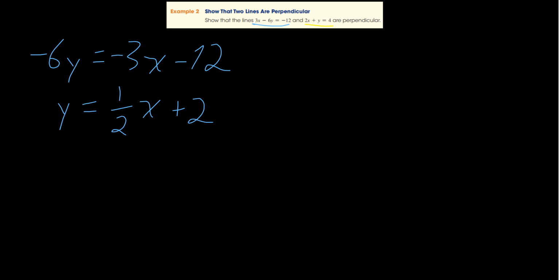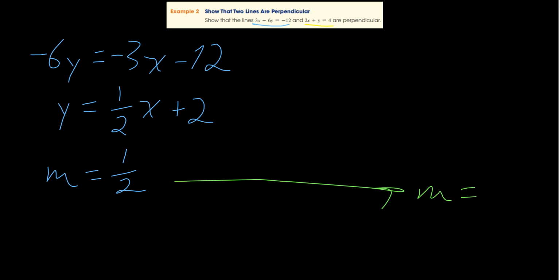And the slope here is 1/2. So right away, I'm going to say that what I'm looking for over here, when I'm done, is the negative reciprocal. This 1/2 is a positive, so I'm looking for the opposite sign. And the reciprocal of 1/2 is 2/1, or just -2. So I'm looking for a -2 slope on the next equation.